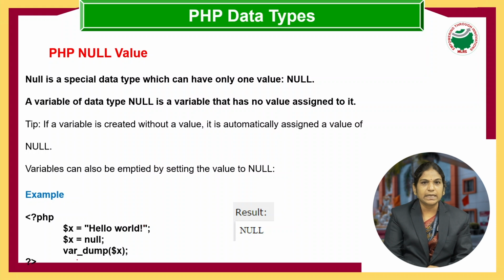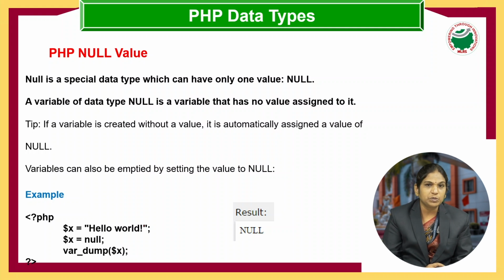Then $X equal to null means the value assigned to $X has been removed or emptied. So hello world was pre-assigned to $X, and in the next statement, I am using $X equal to null, so that hello world has been removed from the $X variable.